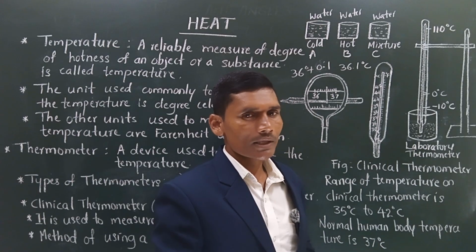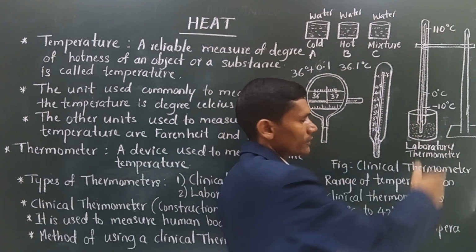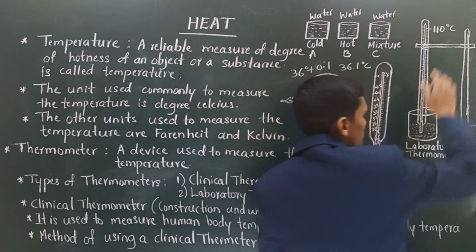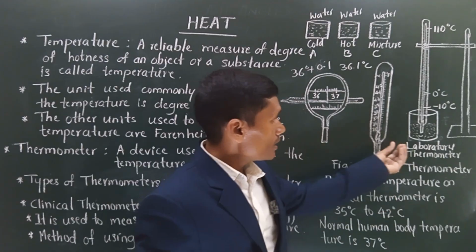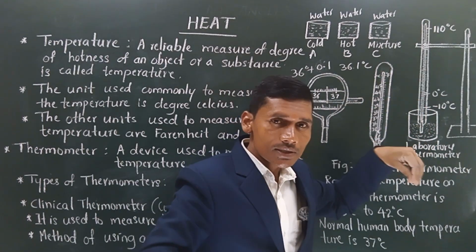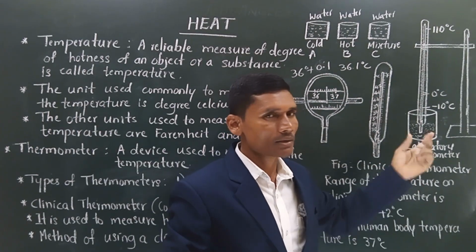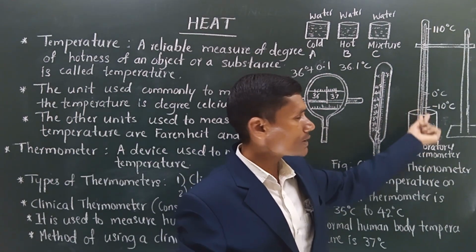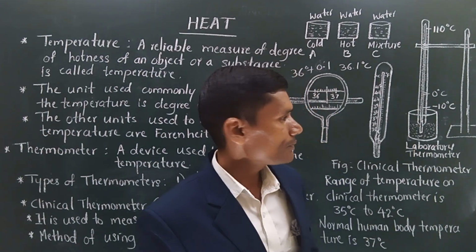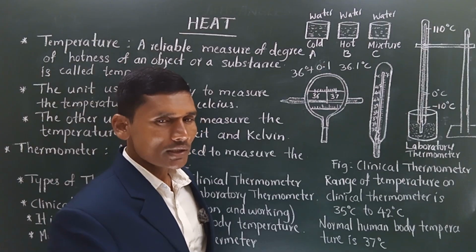So in order to avoid that, what we do is place the thermometer in the beaker itself, and this thermometer has to be fixed to a stand. Okay, and while keeping the thermometer inside the substance, at that time itself the measurement has to be taken, meaning what is the temperature of the substance. Once you remove it from the substance, whatever reading you take will be wrong. Okay, this is how we use a laboratory thermometer.